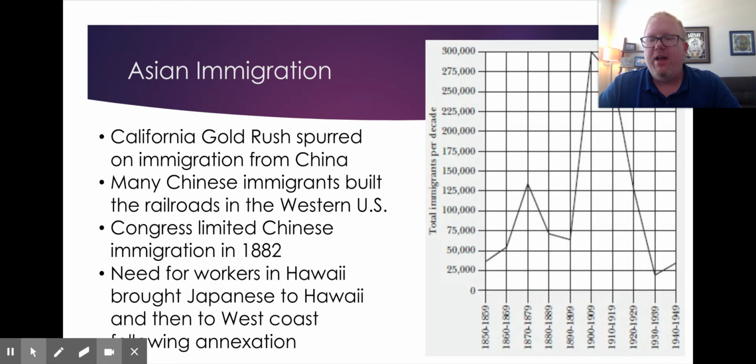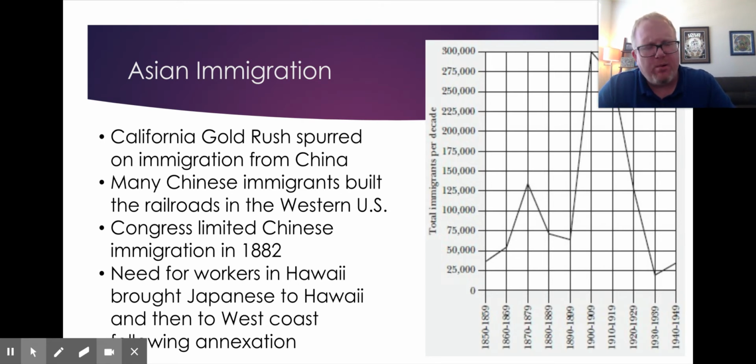And there were a lot of problems, okay? So you're going to see some specific laws and policies built around the Chinese and the Japanese on the West Coast especially due to immigration. Now, the thing that's part of this is something called nativism that we'll talk about in just a little bit.